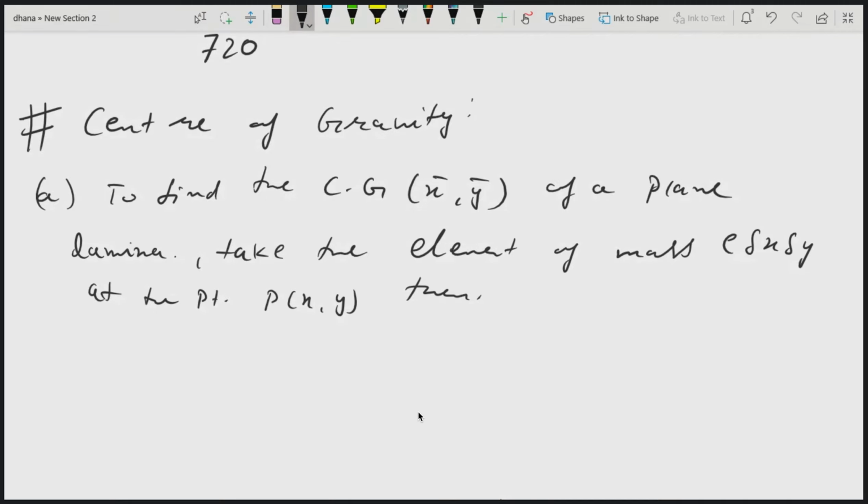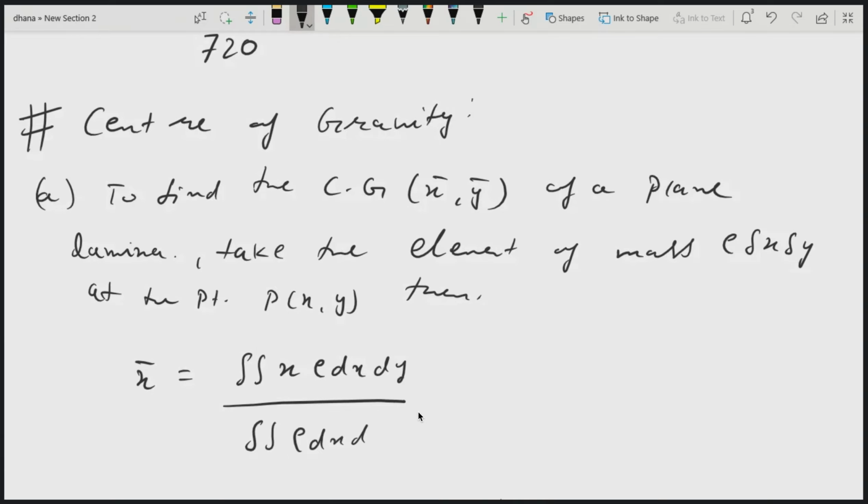So x bar you will calculate by using double integrals. That is integral x rho dx dy by double integral rho dx dy. Now some people, what they will do is they will cancel this double integral rho dx dy and write this as double integral x dy dx or dx dy. That is wrong. Is it the same thing?